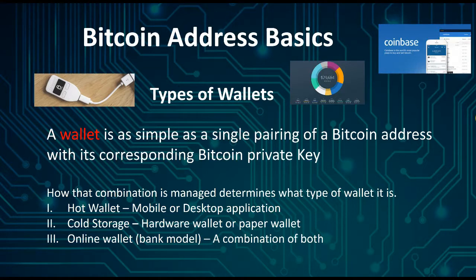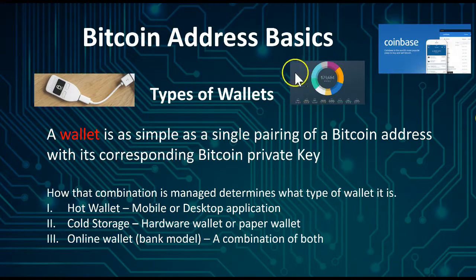So we have here three types of wallets. You see that white one over here. This is a Trezor wallet. And there's also the Ledger Nano wallet. Those are what we call cold storage hardware wallets, as is the paper wallet that you saw before in the slide.